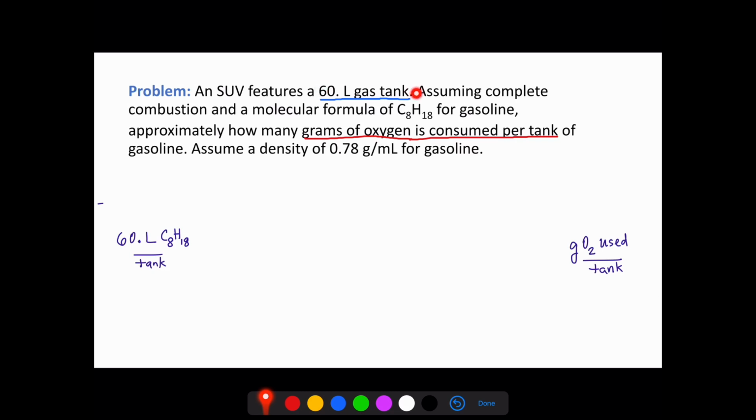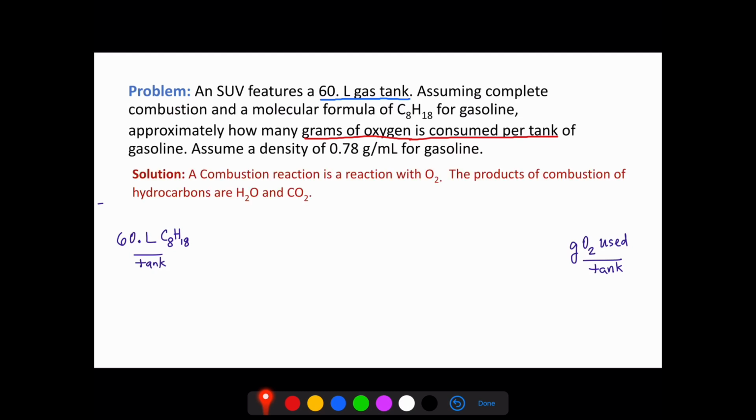Now, the rest of this is all conversion factors, or you have to think about a way to get from here to here. How do we do this? Remember, anytime you're converting between two substances, they are connected by a balanced chemical equation. So this is a combustion reaction.